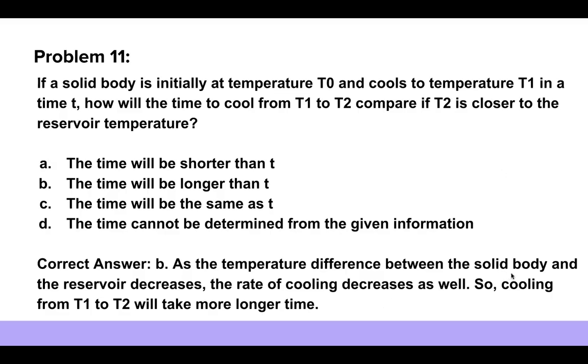So as the temperature difference between the solid body and the reservoir decreases, the rate of cooling decreases as well. That is why the slope is almost flat, which means the rate of cooling decreases. So the cooling from T1 to T2 will take more time, because the cooling is right now very slow. Because of that, the time taken will be longer than what was observed earlier. So the answer is B. Any doubt in this?